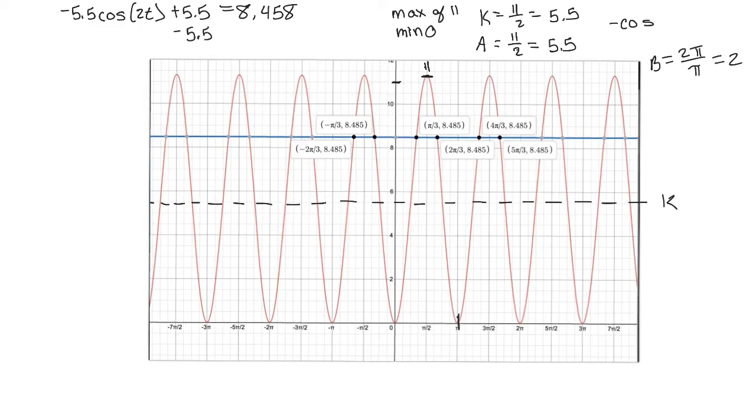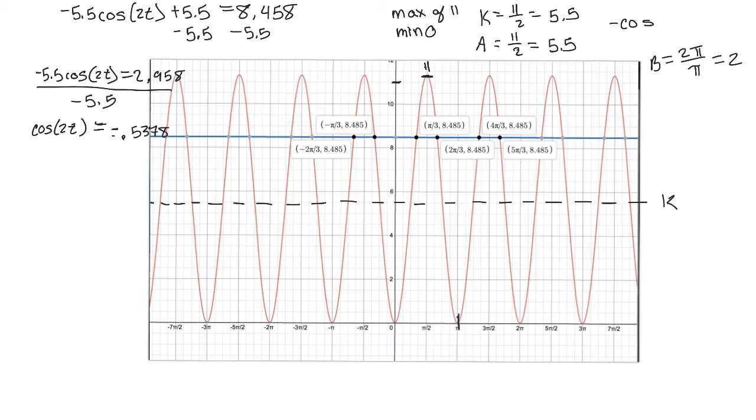If we're doing this by hand, we want to solve for cosine first. So we're going to subtract 5.5, and we get negative 5.5 cosine of 2t is equal to 2.958. Then we divide by negative 5.5, and we get cosine of 2t is equal to negative 0.5378.